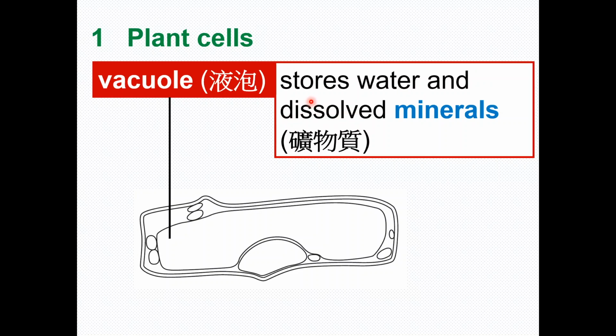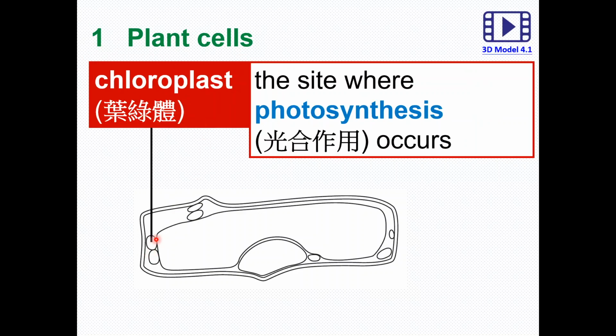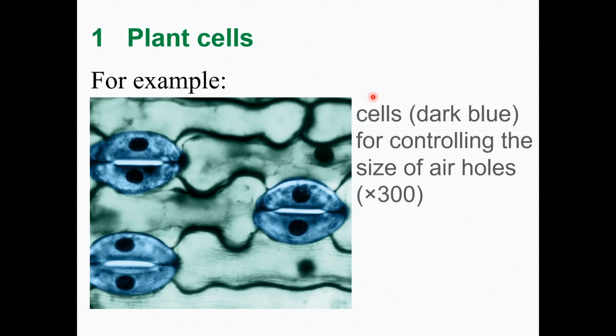And you will see a small circle like this, which is a chloroplast. Chloroplast is the site where photosynthesis occurs.